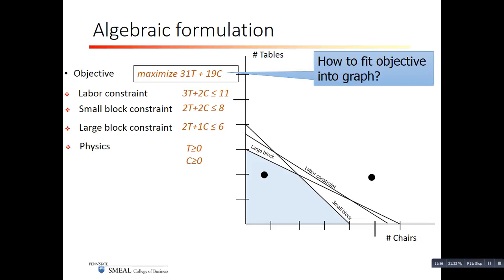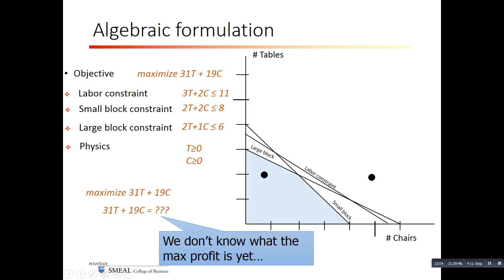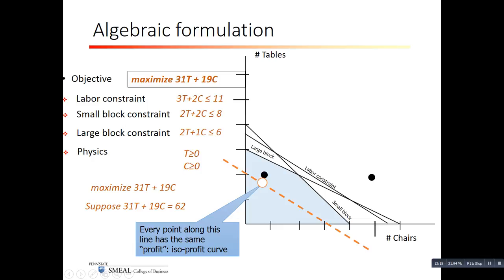To find the optimal solution, we need to think about how to fit the objective function onto the graph. The key is that we don't know what the exact profit will be, so we can't draw a line to represent this. But what if we suppose that the objective function equals, say, any number, 62?